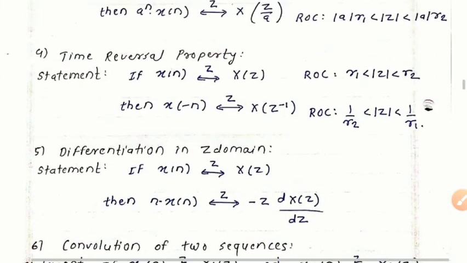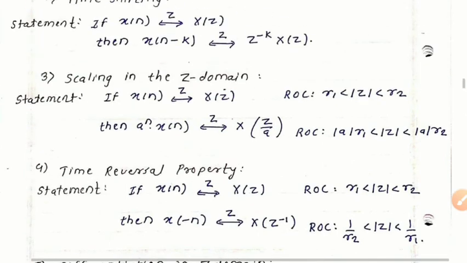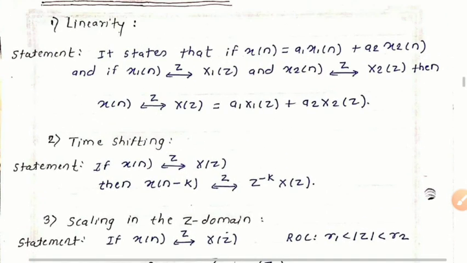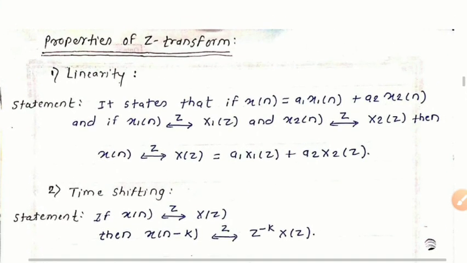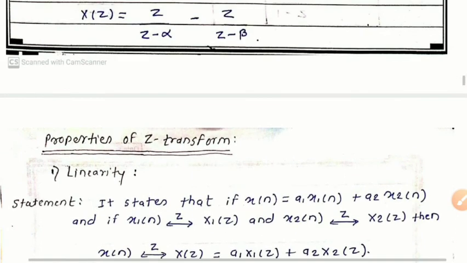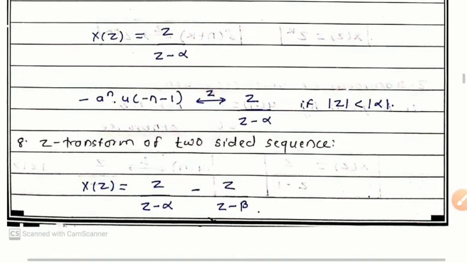If you remember its Z transform and the statement of each property, then it will be much easier to solve problems on the Z transform. So thank you for this session. In the next session, we will discuss problems on the properties of the Z transform. So please remember the Z transforms of the standard sequences. Those are the standard sequences which we have seen.